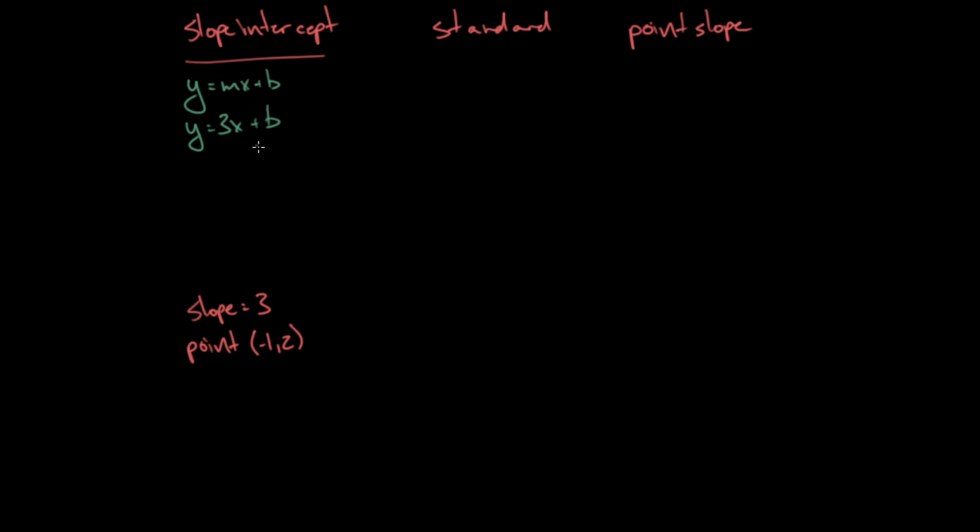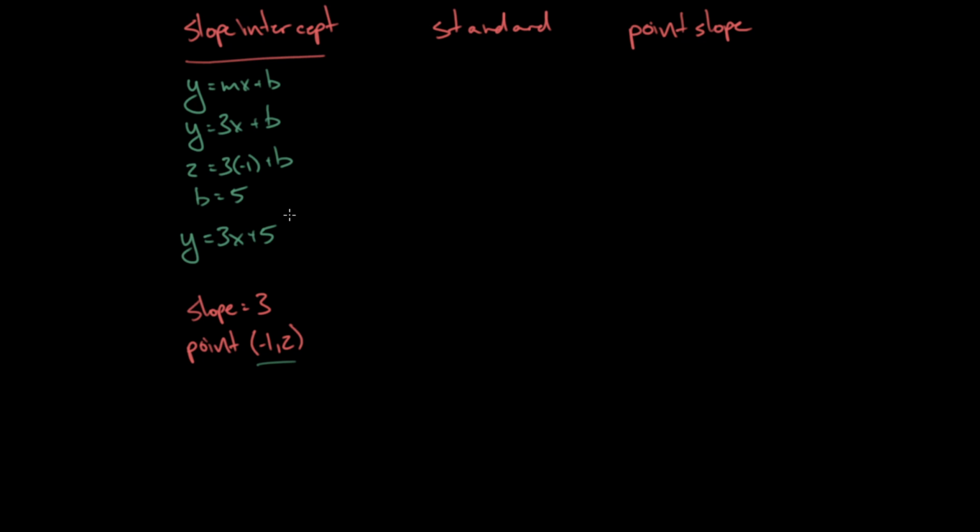I can solve for it because I know two values for x and y that satisfy this equation. They're the point -1 and 2. So if I plug those in, I can solve for what b is. So this will be that b equals 5, and so I can finish this out. My equation here is y equals 3x plus 5.